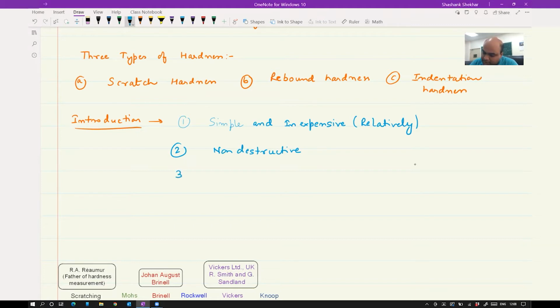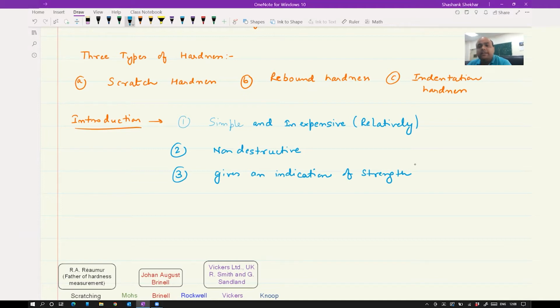And third, it can give you an indication of the strength. That means if hardness is high, you can say that strength is also going to be high.